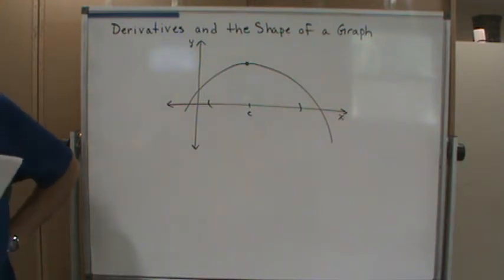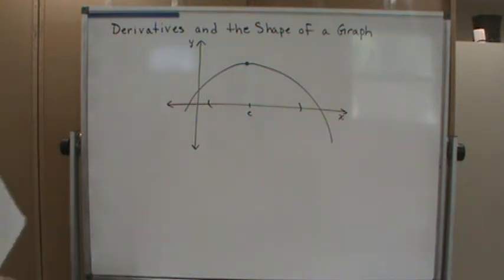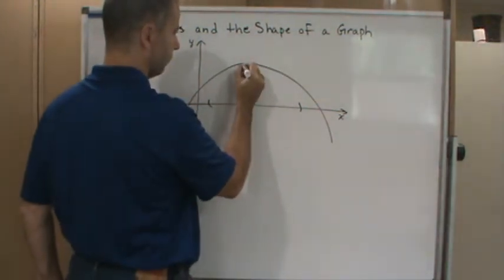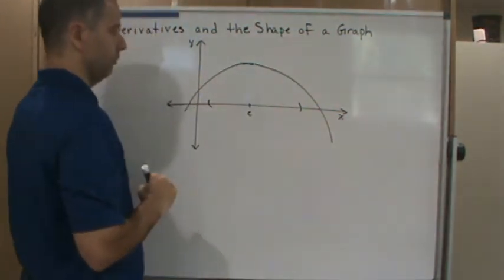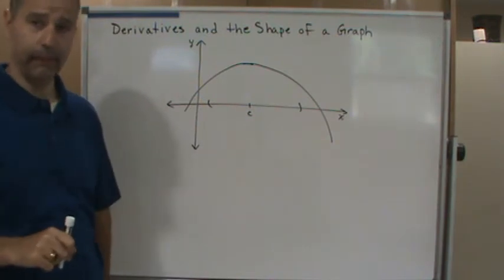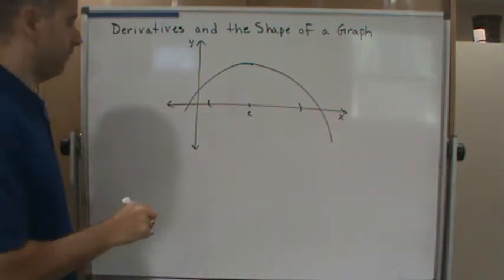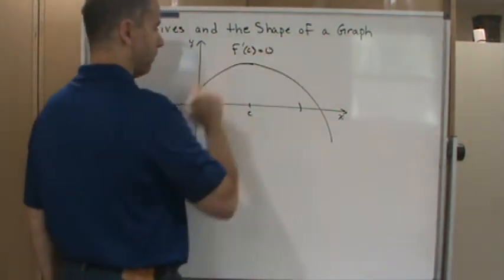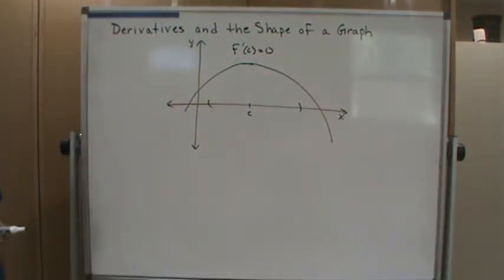Now, if f is differentiable at C, well, guess what? Then the only way that that would happen is if f prime of C is 0.